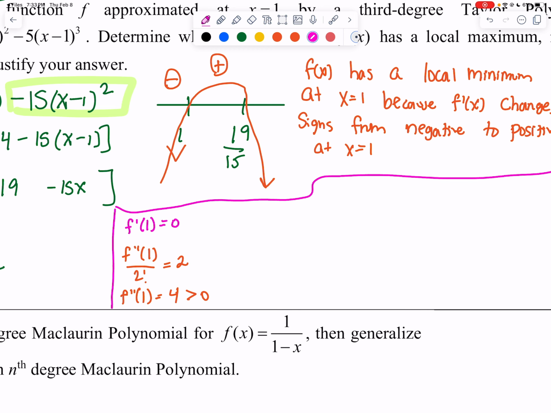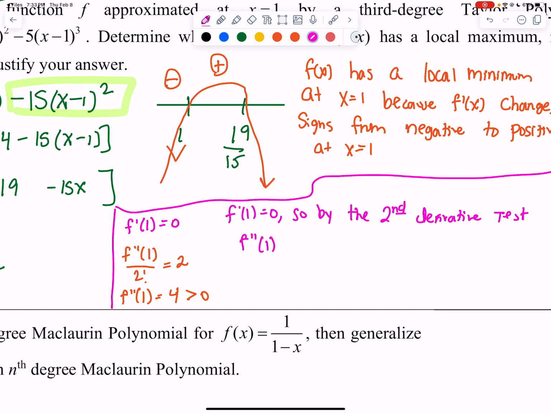So to do your justification, you're going to say that f prime of 1 is equal to 0. So by the second derivative test, f double prime of 1 is greater than 0.